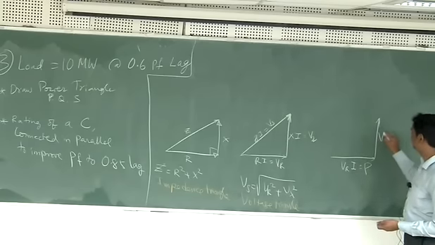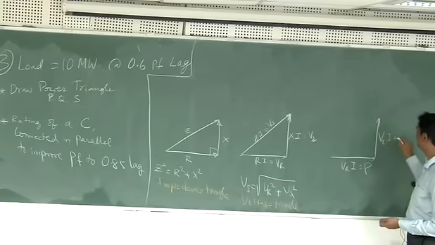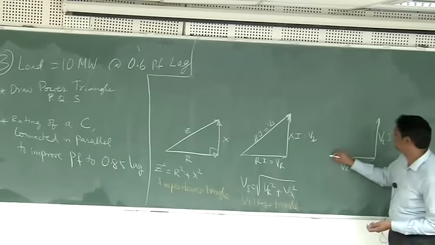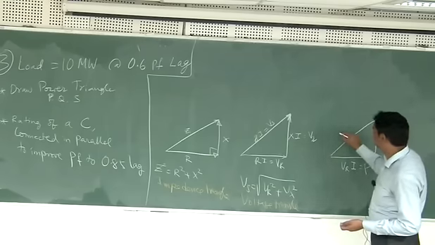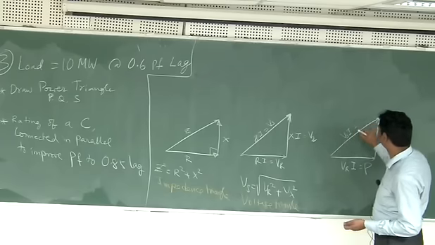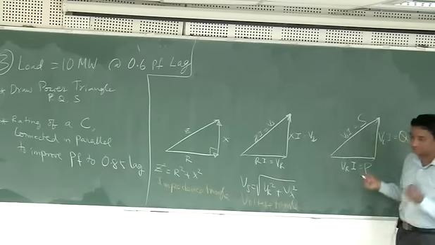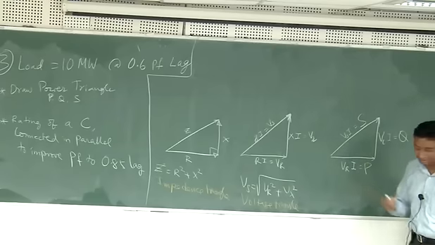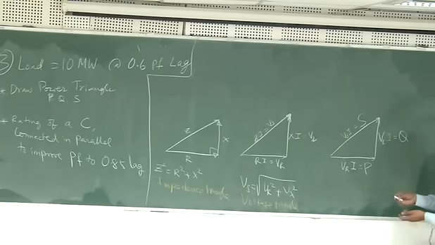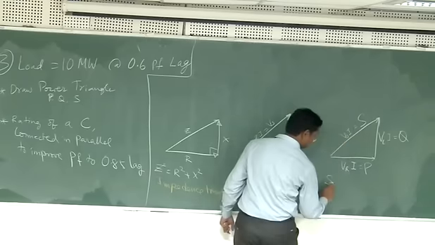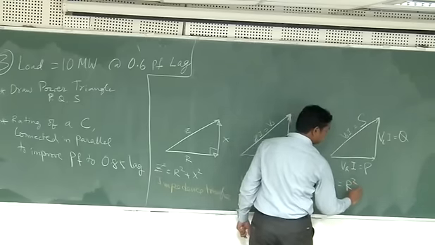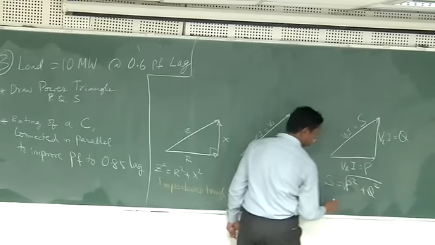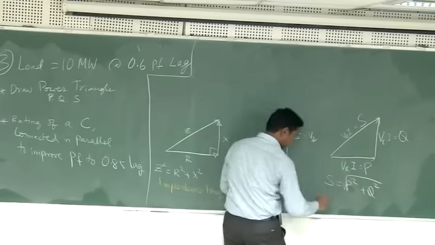Then VL into I, or I squared into X, is your reactive power. And Vs into I, or I squared into Z, is your S, the apparent power, whose notation is capital S. This is the power triangle. So S equals the square root of P squared plus Q squared.